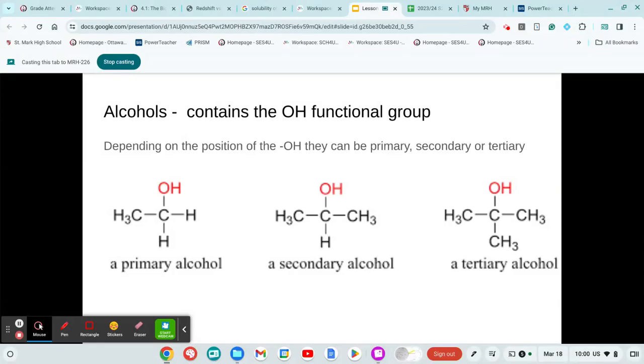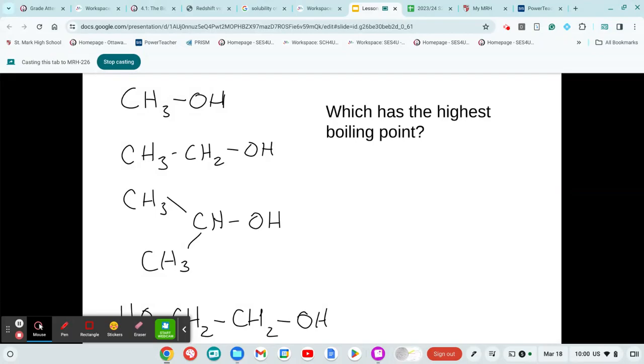So that's primary versus secondary versus tertiary. But take a look at these four different kinds of alcohols and think about this for a second. Which ones have the highest intermolecular forces and therefore would have the highest boiling point?